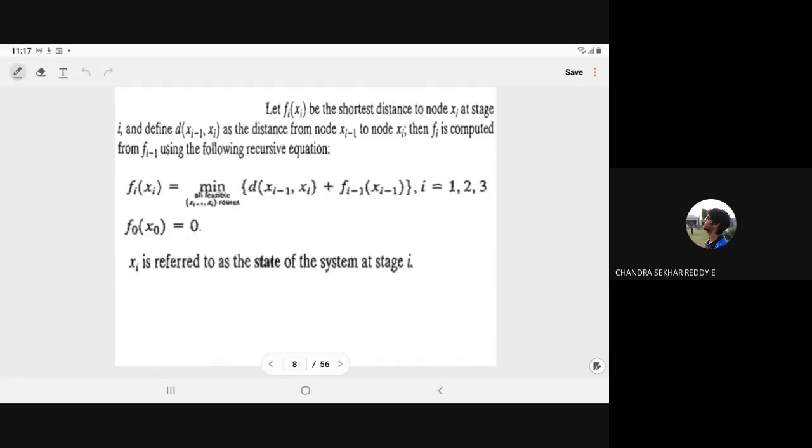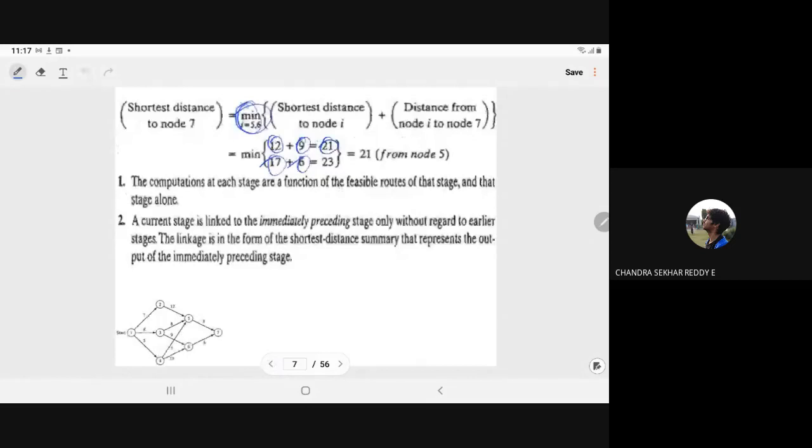Then fi is computed. Whatever we have done here, I am writing in refined form. So here we are determining the fi function value for node 7 using the optimal values at node 5 and node 6.